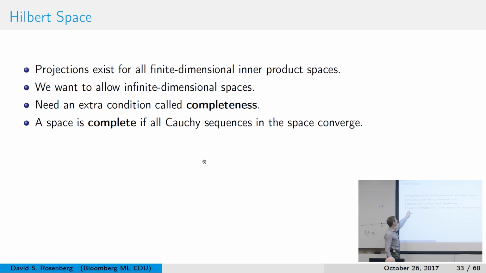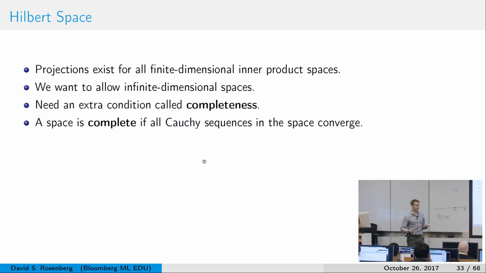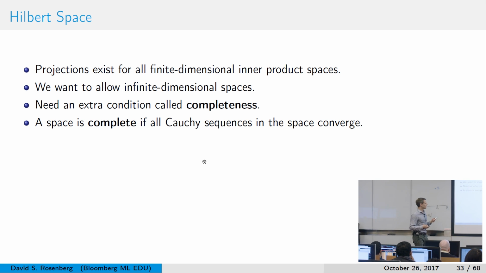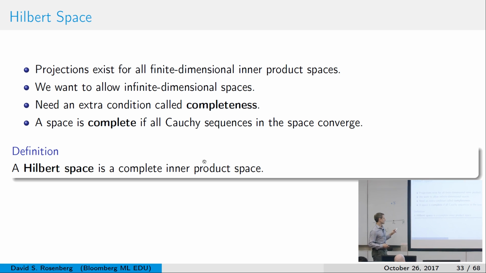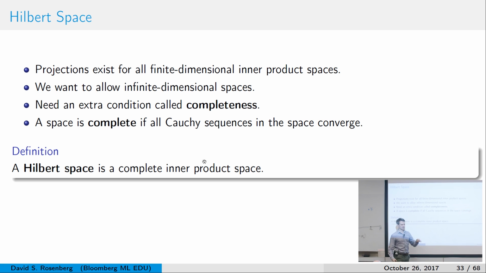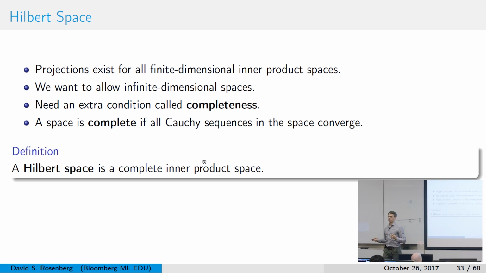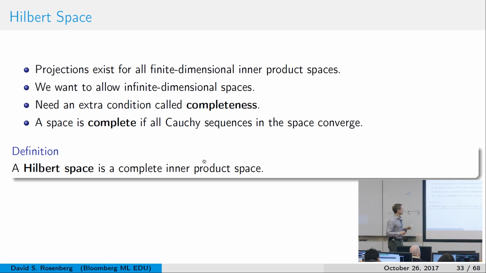A space is complete if all Cauchy sequences converge. You might have learned about Cauchy sequences in a real analysis class or something like that. So a Hilbert space is a complete inner product space. It's any inner product space, which we already defined, and it has to be complete, so all the Cauchy sequences converge.